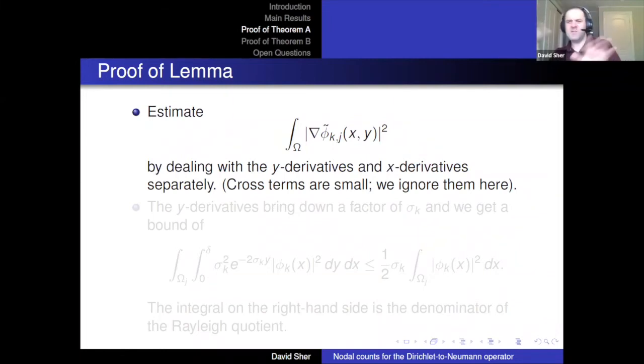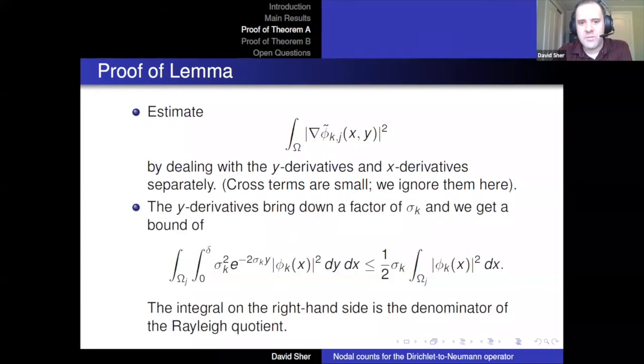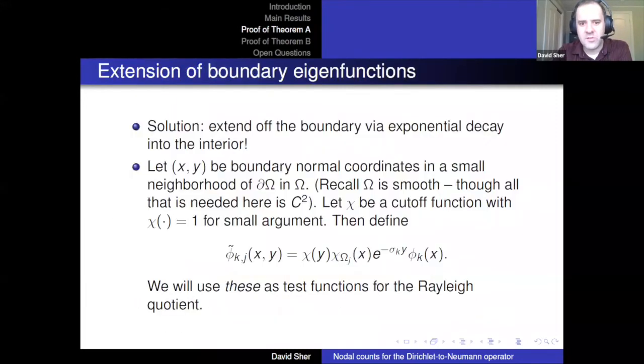Cross terms are small, so I'll sweep them under the rug. Sorry, I'm not going to show you messy things; I don't believe in that in talks. They're morally unimportant. So what do the y derivatives of this test function do? Well, the test functions are that. So y derivatives: here, have an extra sigma k.